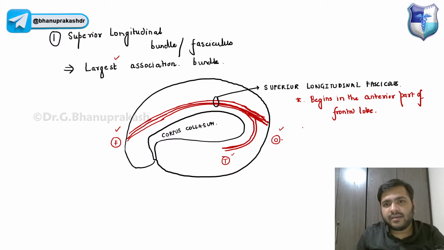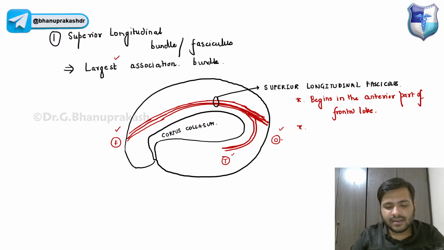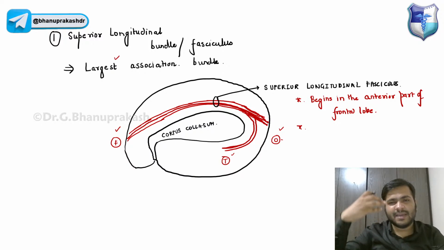Then what is the course? It passes backward and above, deep to the lateral surface of the cerebral hemisphere, and it will divide into two bands.